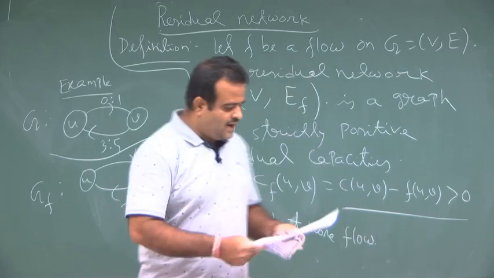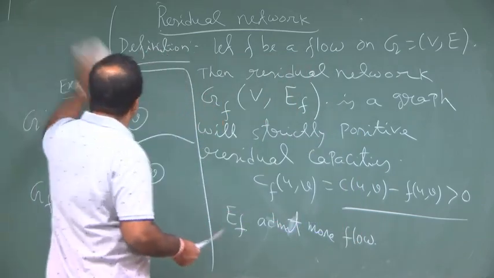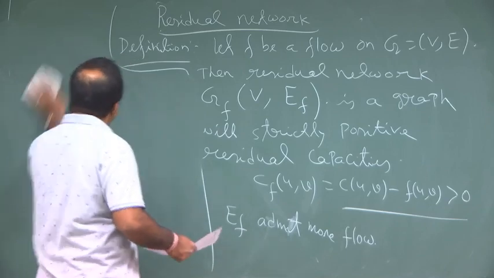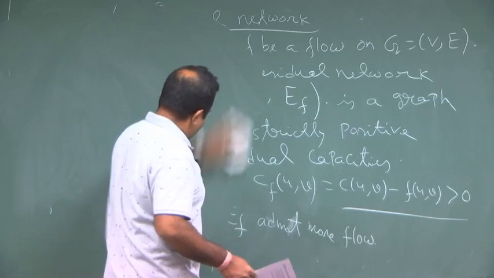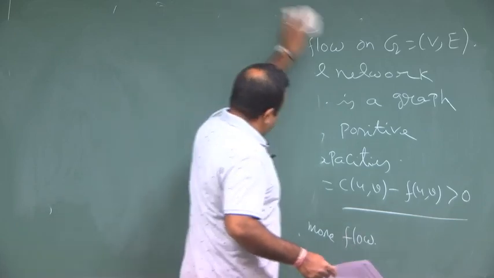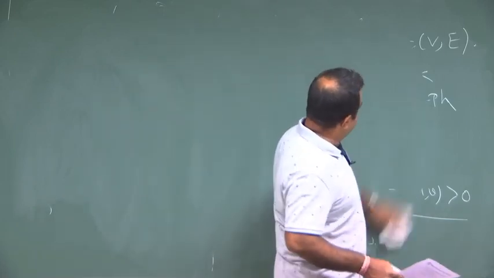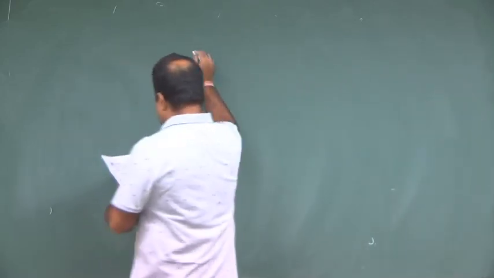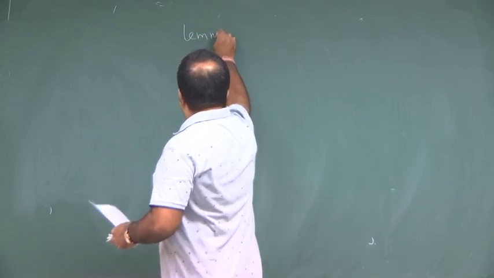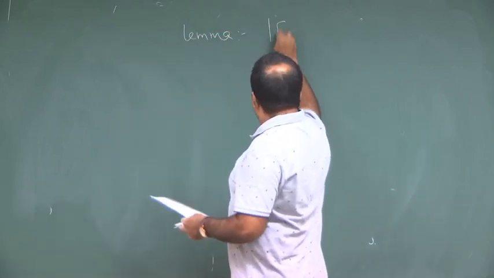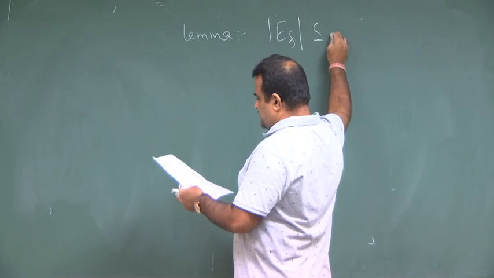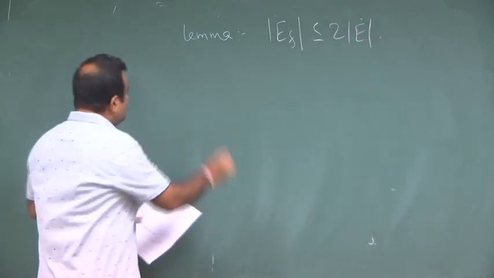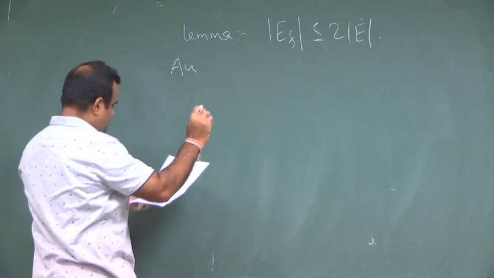Now we will define the lemma. This is a lemma: the number of these must be twice the number of these. Now, we will define an augmenting path.